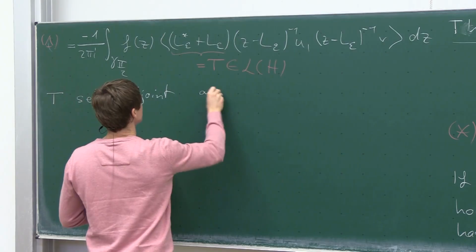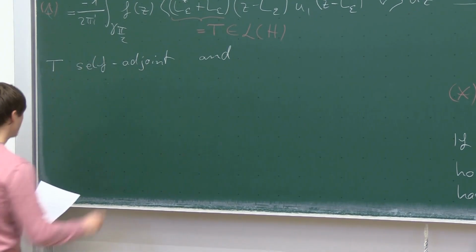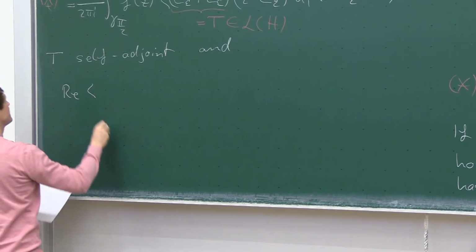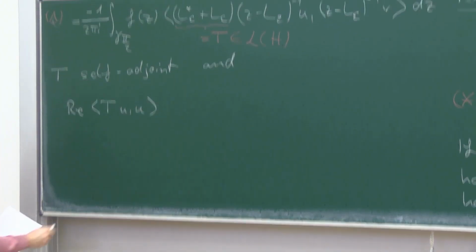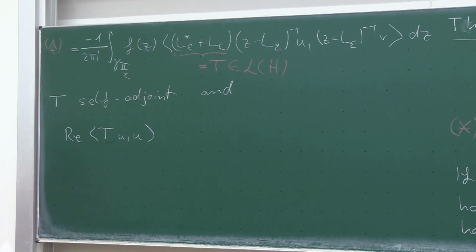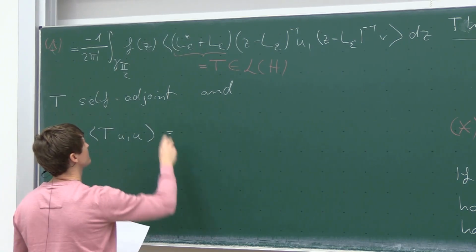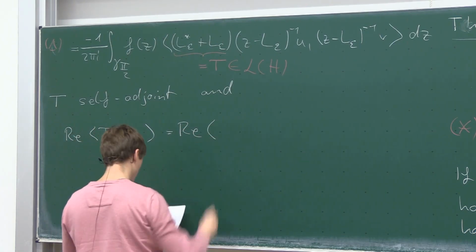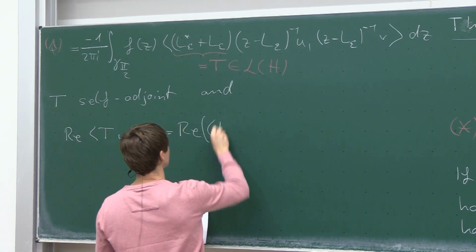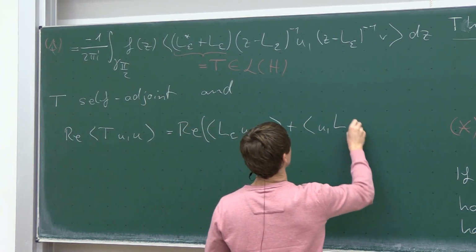and T is also m-accretive, because we can calculate the real part of the inner product of Tu with u. Remember, for bounded operators, the non-negativity of this property is equivalent to m-accretivity by the first lemma of this lecture today. We plug in the definition, T is equal to L epsilon star plus L epsilon. So this coincides with the real part of the inner product of L epsilon u with u plus the inner product of u with L epsilon u.